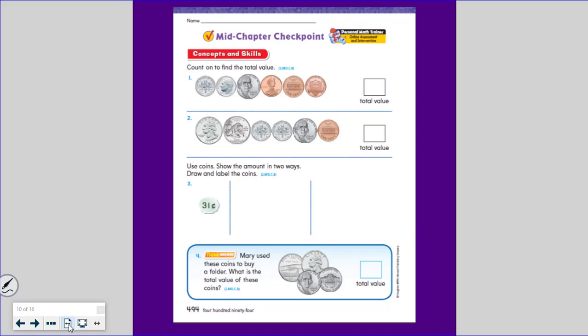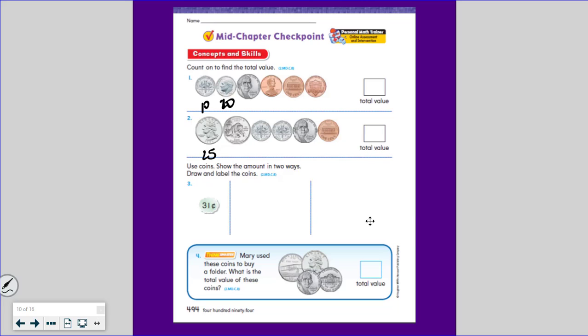It's working now. Mid-chapter checkpoint. All right, so on this page, I'm going to tell you what to do. You're going to pause your video, and then we'll do it together. So this one, it says count on to find the total value, and might I recommend that you write the counts underneath to remind you. And then, same thing for this one. I'll give you the first count. And then for this, you're going to use coins, show the amount in 2 ways, draw and label the coins.